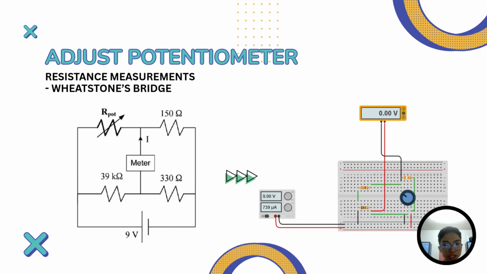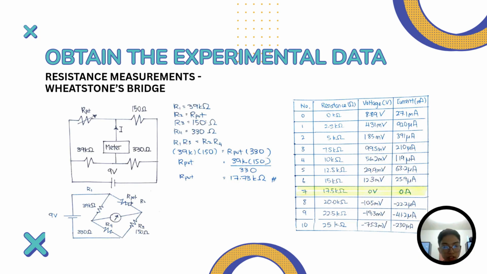The zero voltage balance has been achieved when we adjust the potentiometer to 17.5 kilo ohm. It means that the potentiometer's resistance is near 17.5 kilo ohm.